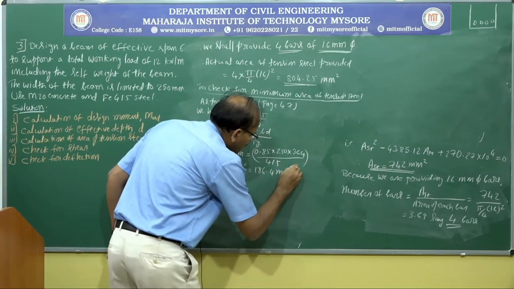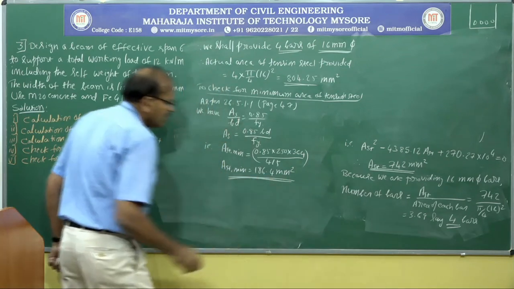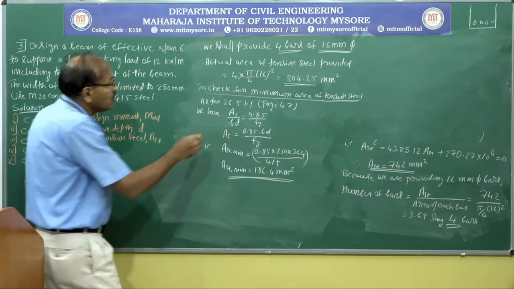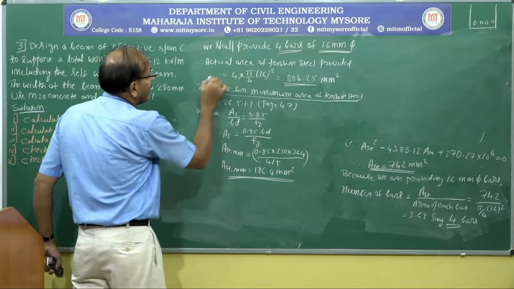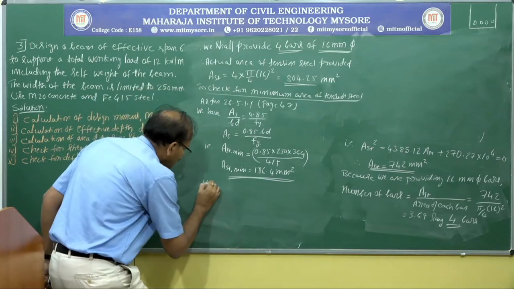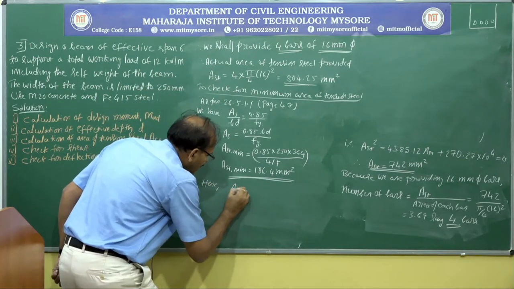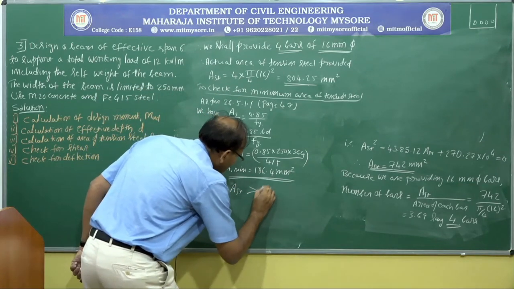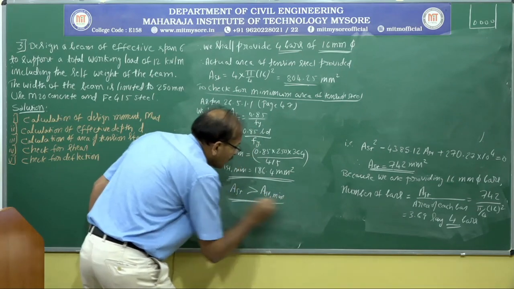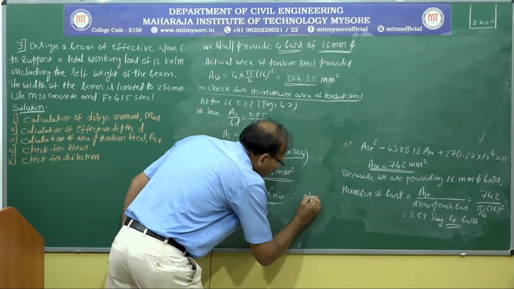(186.4 millimeter square). Okay. So AST provided here, AST provided here, AST is greater than AST minimum. Therefore, okay.